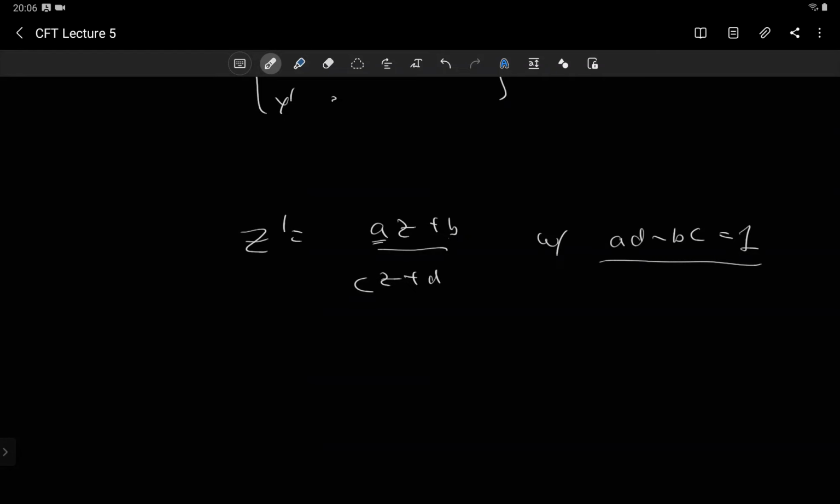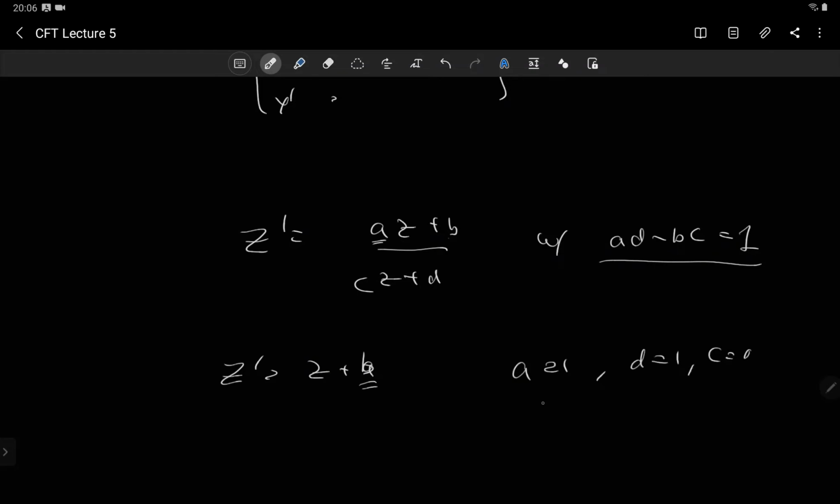Now let's check whether you can explicitly write all of them in this form, given that the number of parameters is the same. First one is translation. If I do a translation, shifting by a constant b, then you have to take a equal to 1, d equal to 1, c equal to 0, and b can be arbitrary.